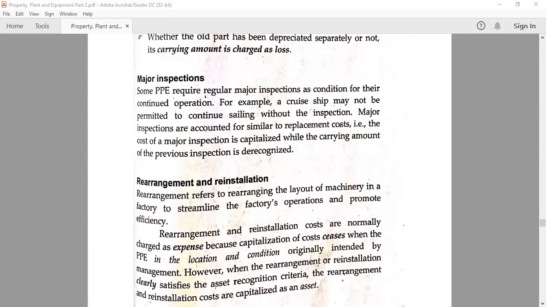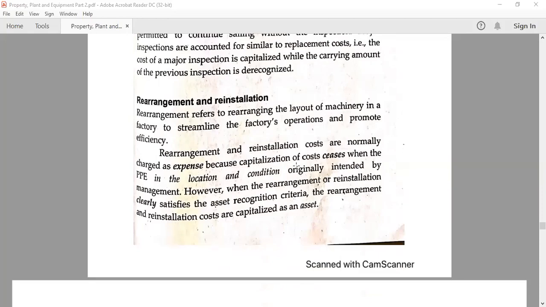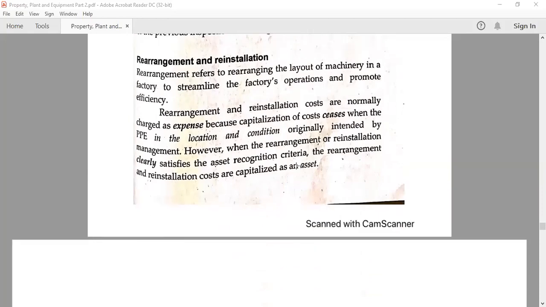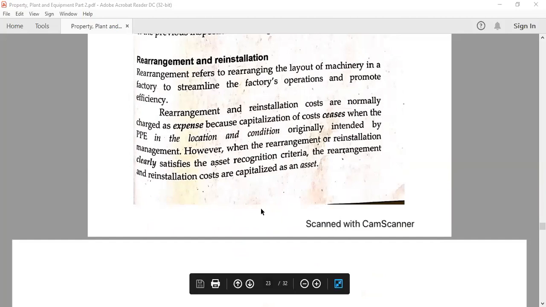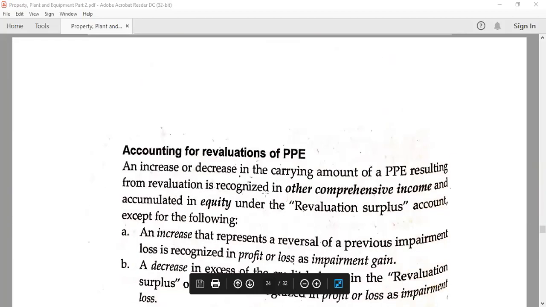And then the carrying amount of the previous inspection is to be derecognized. For rearrangement and reinstallation, it's a different thing but the same concept: if ever it adds more value to the entity, we are going to include it, and exclude it if not.